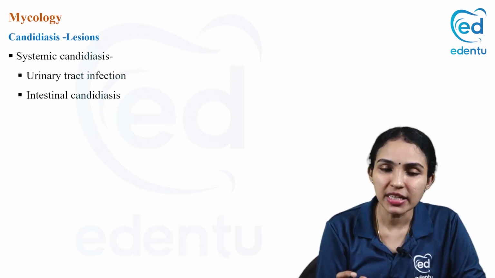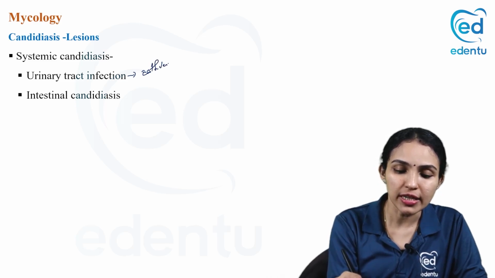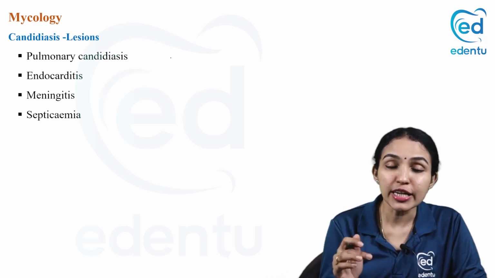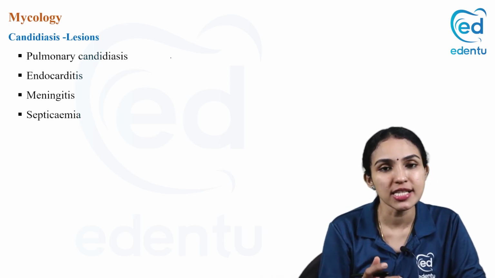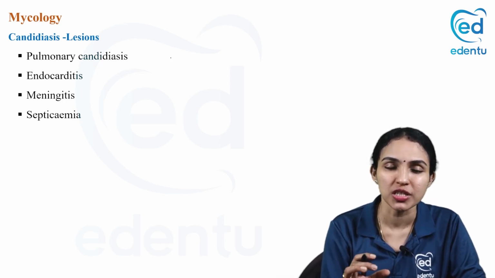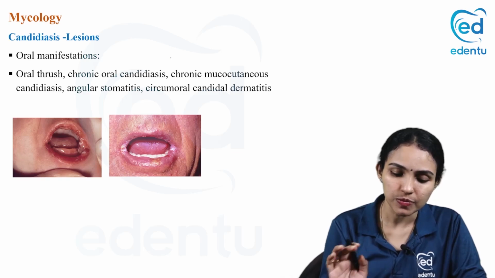Now coming to systemic candidiasis, it can cause urinary tract infection, especially in those people who are on urinary catheters, and also it can lead to intestinal candidiasis in some people, pulmonary candidiasis, endocarditis, meningitis, and septicemia. So these are the systemic candidiasis. The clinical picture in systemic candidiasis, any of the organs can be affected.